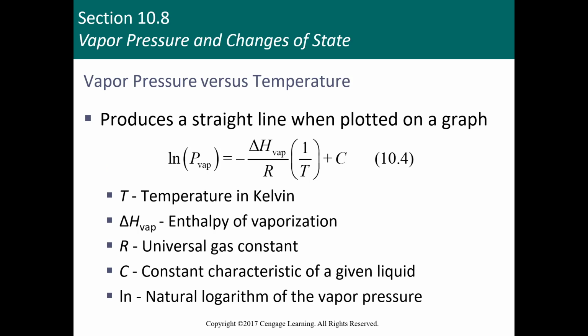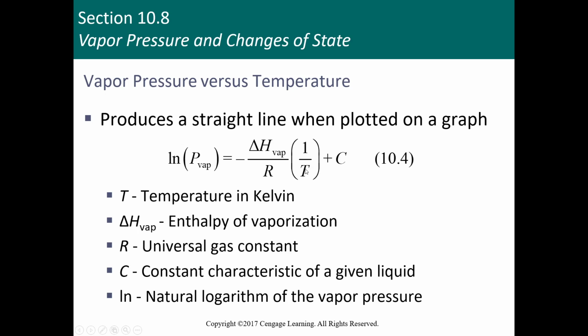So the vapor pressure versus the temperature. This will produce a straight line if you plot it like so. Notice that this needs to be the natural log of the vapor pressure equals negative delta H of vaporization, that's the enthalpy of vaporization or heat of vaporization, over R, which is your universal gas constant, times 1 over T, that temperature right there.